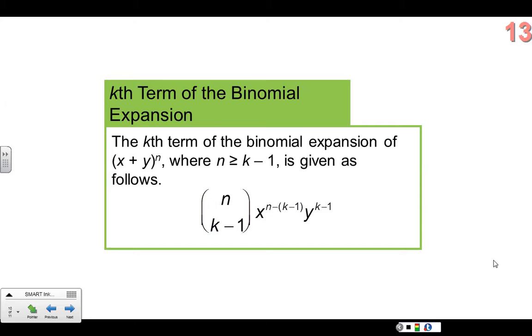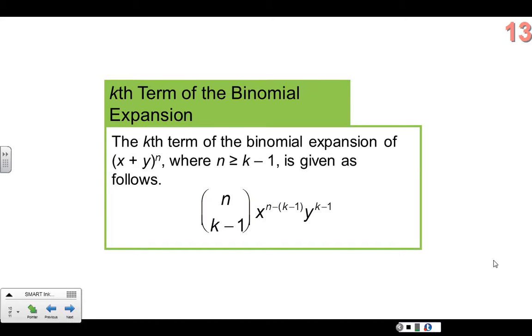If you want to find a specific term in the expansion of a binomial, here's a formula. If you've got x plus y to the power of n, it's n choose k minus 1. That's if you're trying to find the kth term of the expansion. For example, let's say you had x plus y to the 7th power and you wanted to find the fifth term. So you'd do 7 choose 4, 5 minus 1.